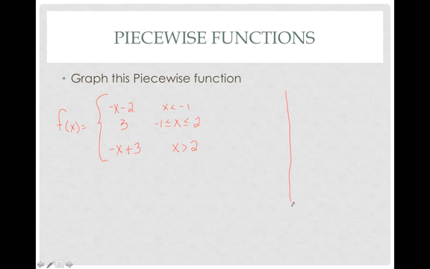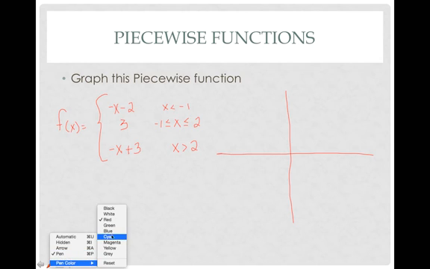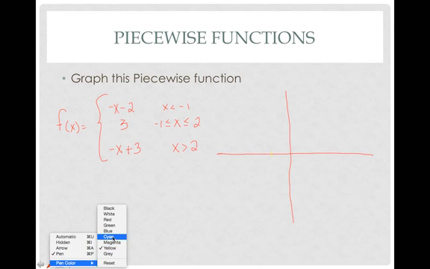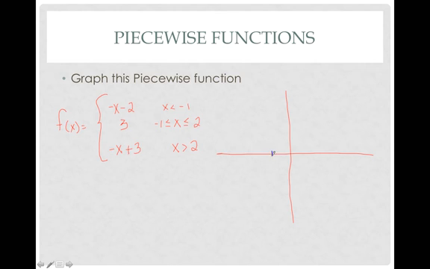So here's what we need to do. We need to set up our axes again. Sometimes what I do when I graph these types of functions is ask what is happening at certain values. There's things happening at negative 1 and at positive 2. So at negative 1 right here, I just do a dashed line.